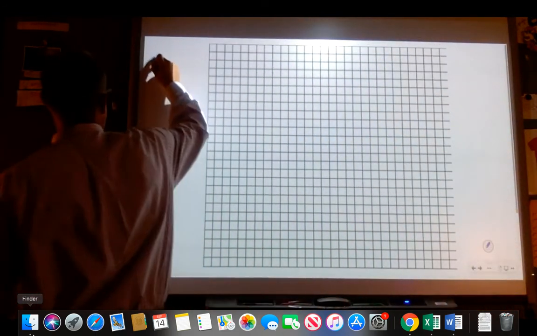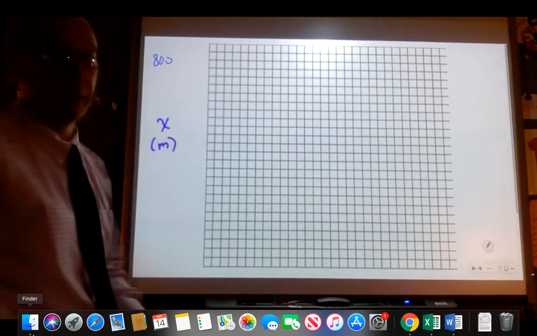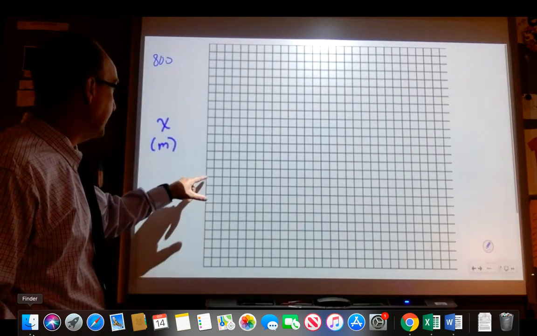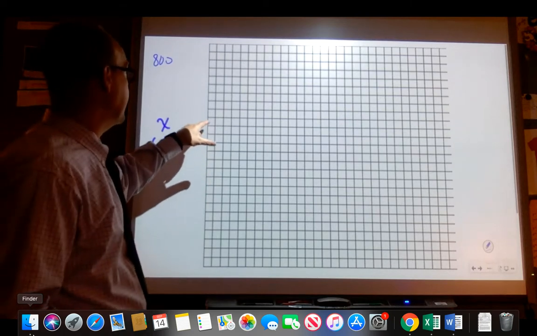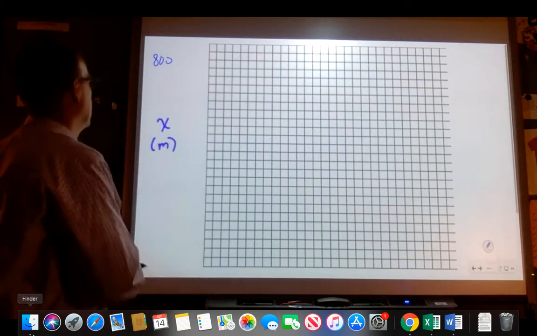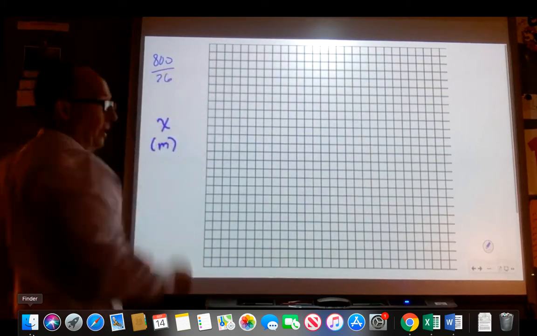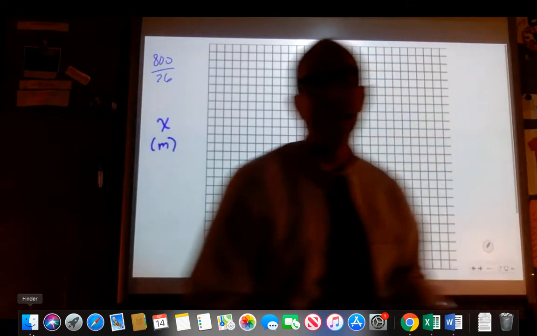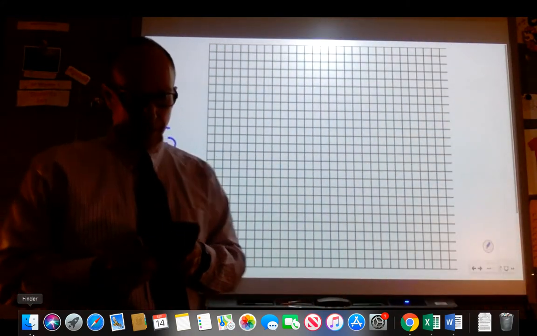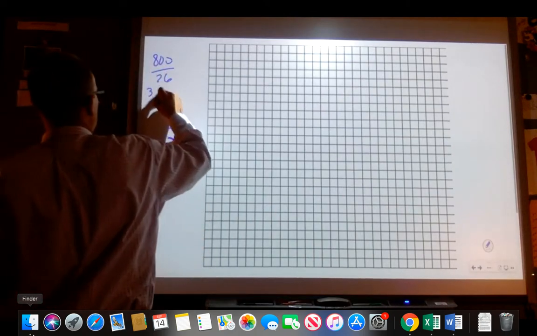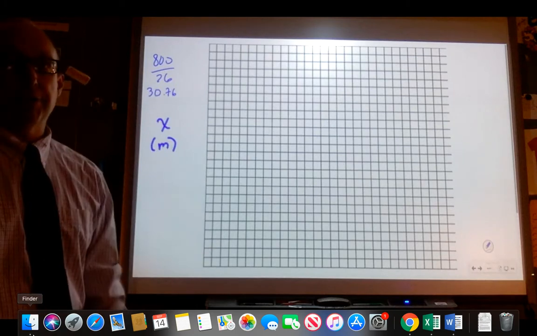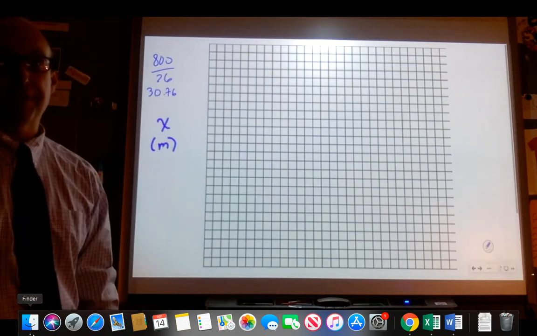So again, I'm going to take 800 and divide by how many increments I have. 1, 2, 3, up to 20, then 1, 2, 3, 4, 5, 6. So I have 800 divided by 26. I cannot do that in my head. I got 30.7. I'm going to round up to a convenient number. I say a convenient number is 50.